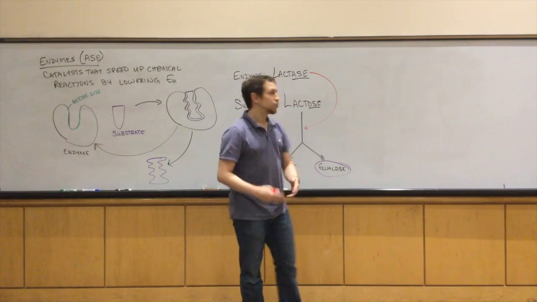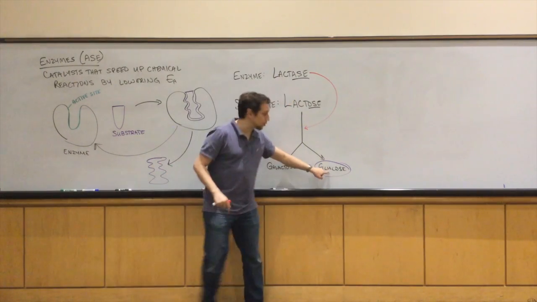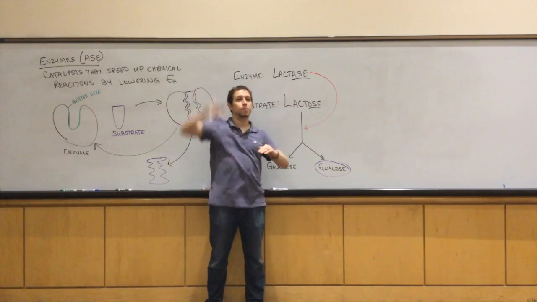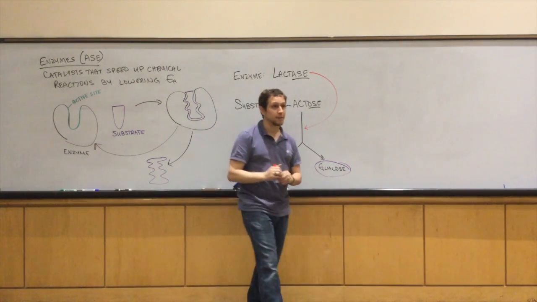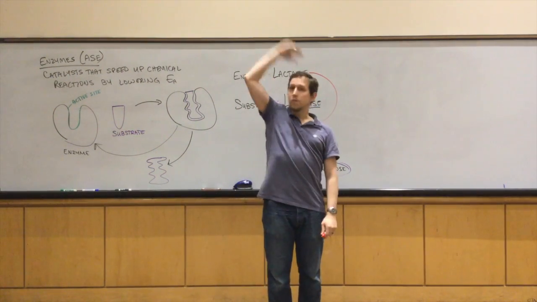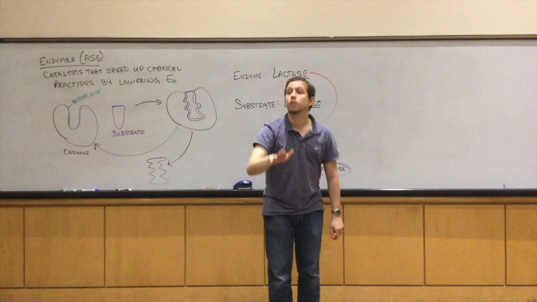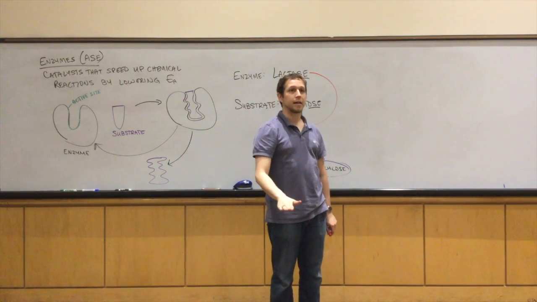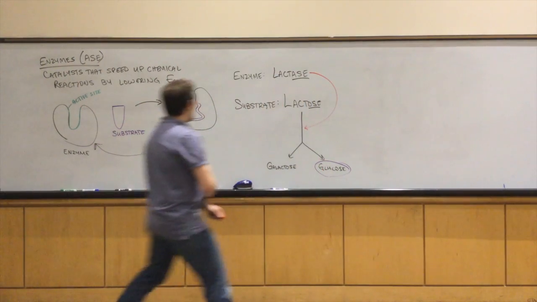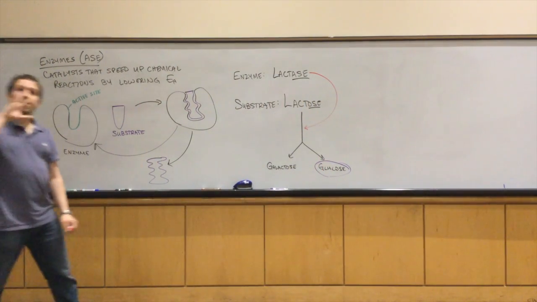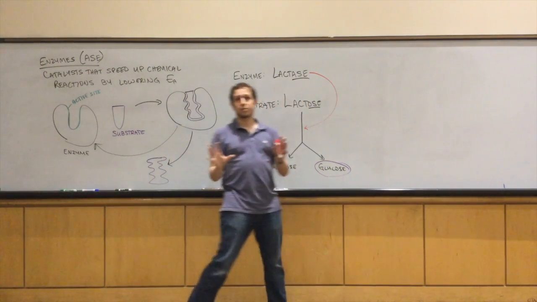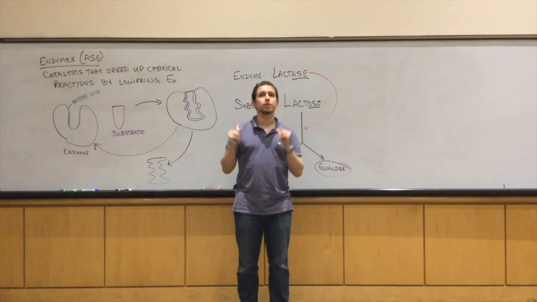Okay. So what this means is we can use glucose as a measurement of lactase activity. The more glucose I have, the higher the lactase activity. The less glucose I have, the lower the lactase activity. Everybody get that? Okay. So there was a fundamental question we asked for the first two experiments with this lab.